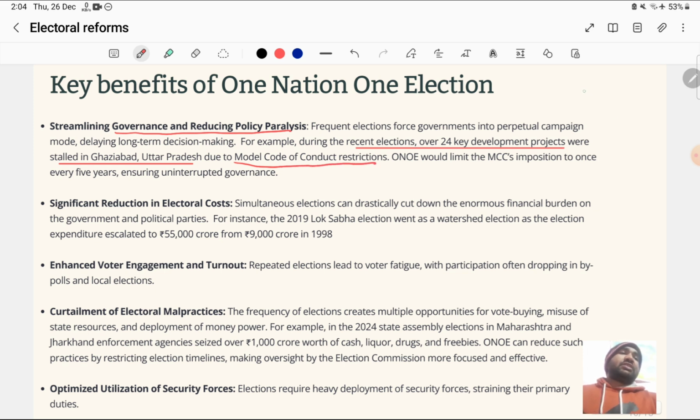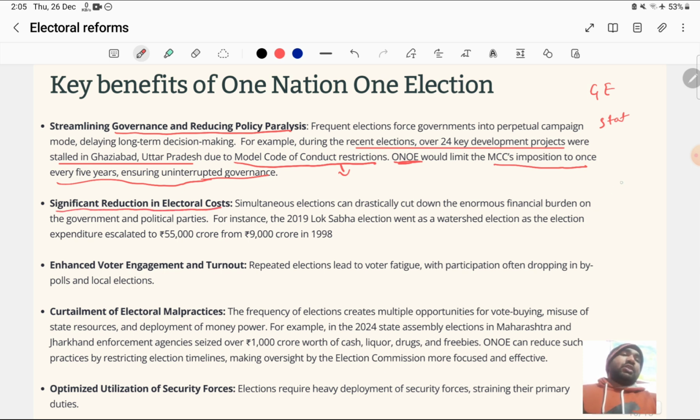Now, if elections are held at different times for Lok Sabha and for state assemblies, then this Model Code of Conduct will be imposed repeatedly, thus more restrictions. So if elections are conducted once every 5 years, then this MCC imposition will be once every 5 years, which will introduce uninterrupted governance. Then significant reduction in electoral cost.